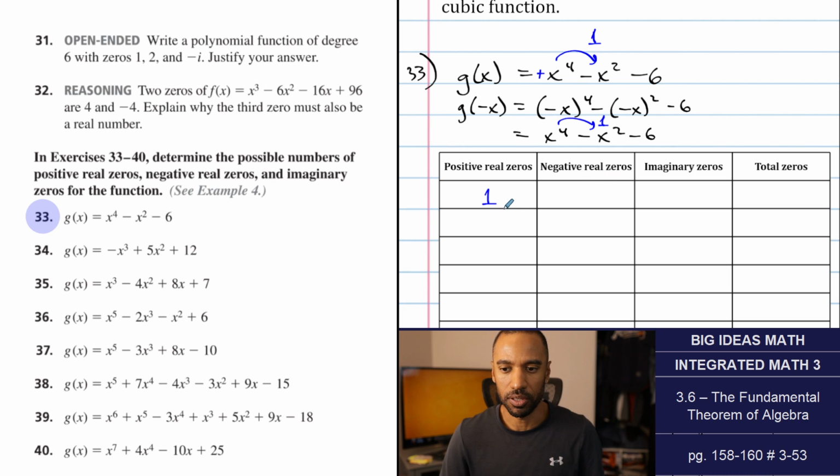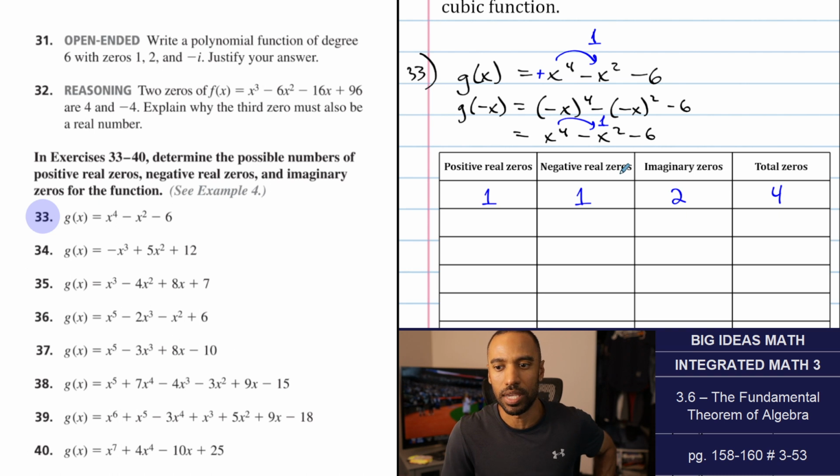So the only possibility here is one positive real zero, and if there's one positive real zero, there can be at most one negative real zero as well, which means there will be 2 imaginary zeros and 4 total zeros. There's no chance that we can have 3 negative real zeros, as you can tell, right?